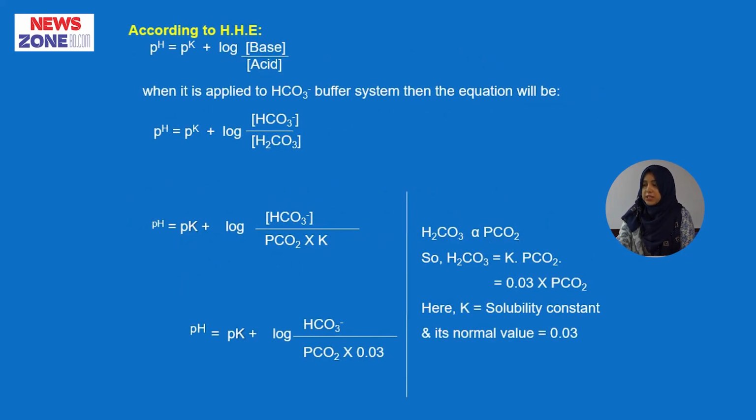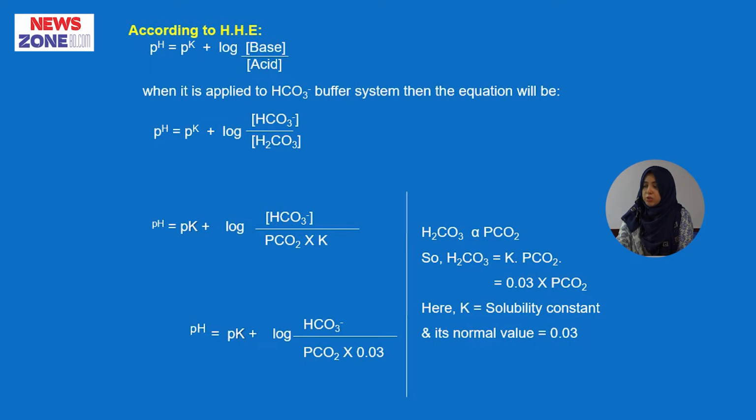From the Henderson-Hasselbalch equation, we come to know that pH is directly proportionate to the bicarbonate ion concentration and inversely proportionate to the partial pressure of carbon dioxide. So, when bicarbonate ion increases, it increases the pH of a solution, so it causes alkalosis.